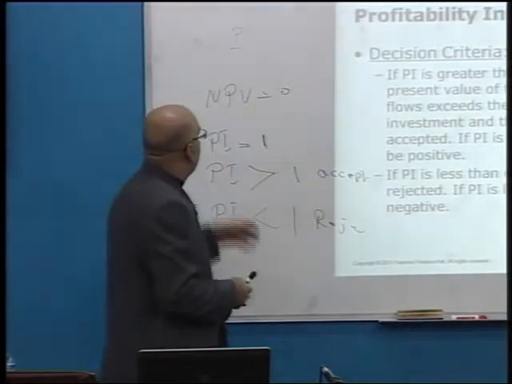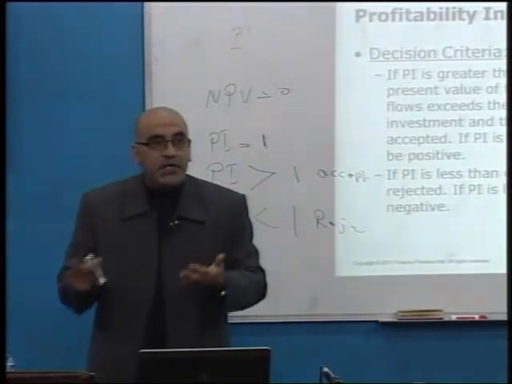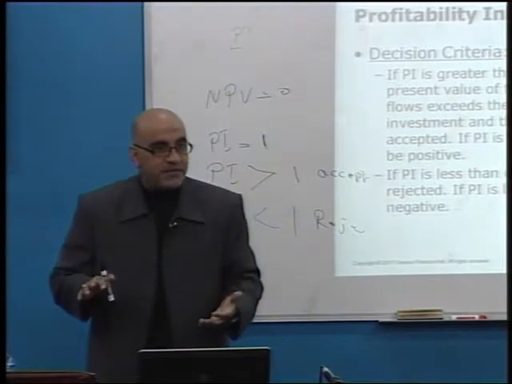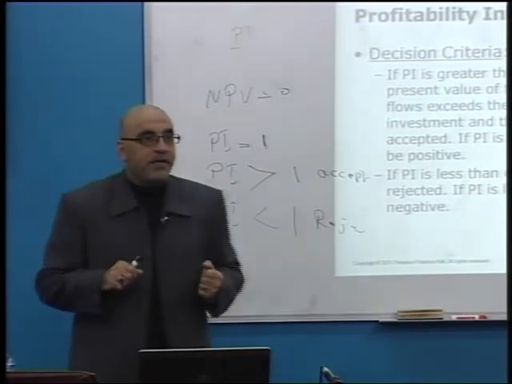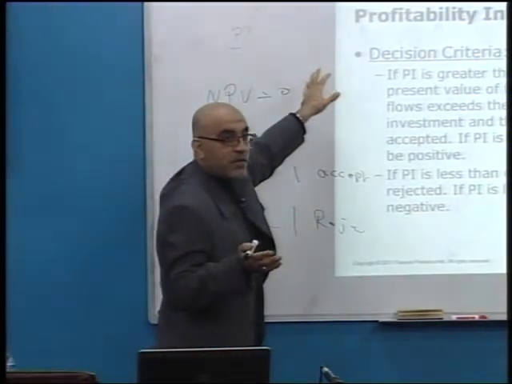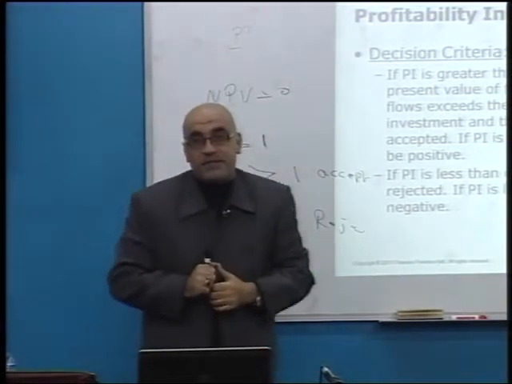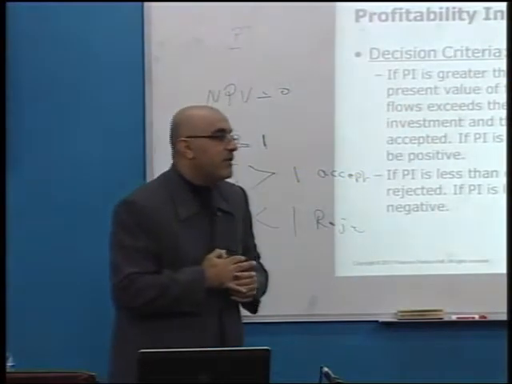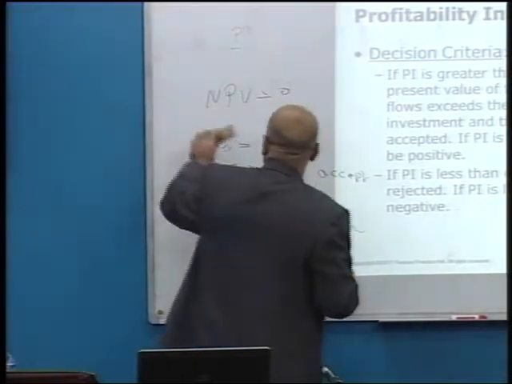The beauty of the PI is that we can compare different projects with different sizes and different lives. The PI is similar to the net present value, but its importance is that it addresses the weaknesses of the net present value.